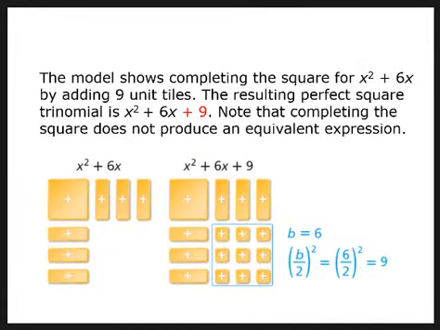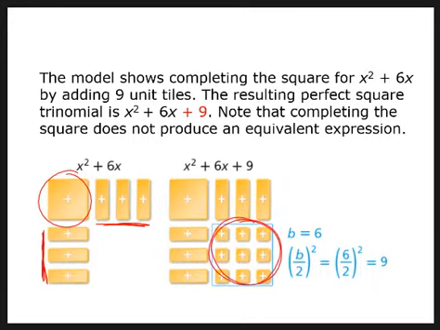Now this next slide, I was kind of debating on whether to include it or not. A lot of people tend to ask the question, why do they call it completing the square? Well, basically, if you think about algebra tiles, I don't know if you used these when you were younger or not, we can use a larger tile to represent x squared. We can use smaller tiles to represent all the x terms, and then even smaller tiles to represent our constants, or just simple basic number terms.